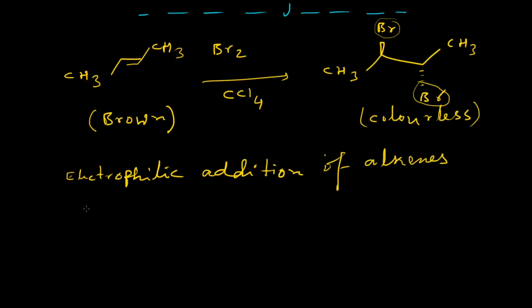So which one is the electrophile in this case? The electrophile obviously is the bromine molecule. And the nucleophile will then be the alkene molecule itself.